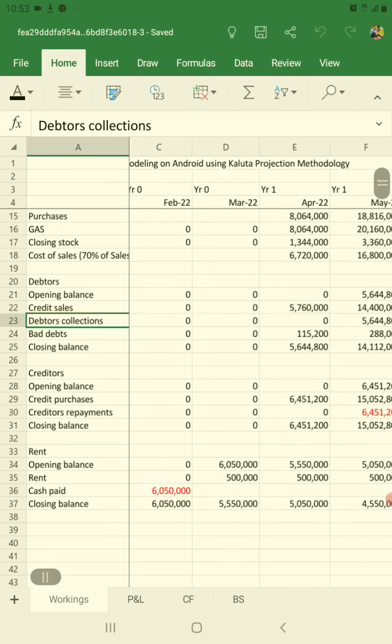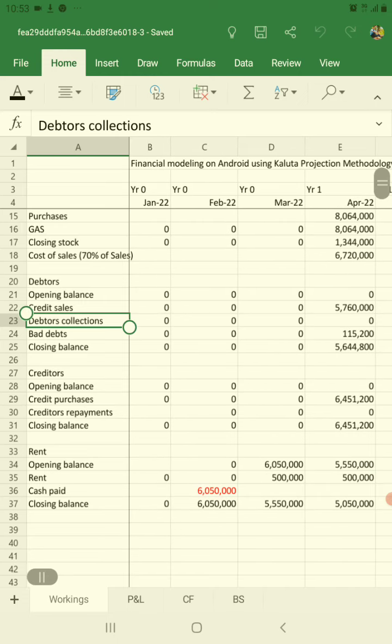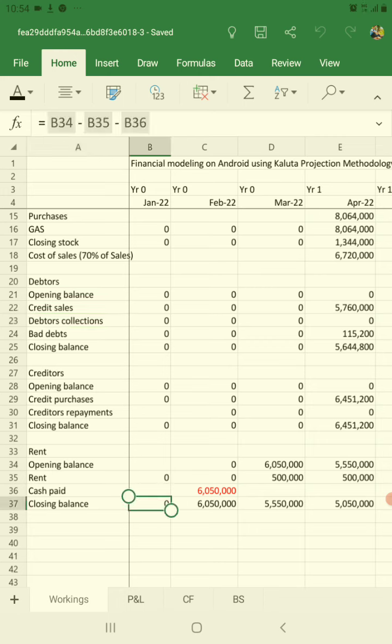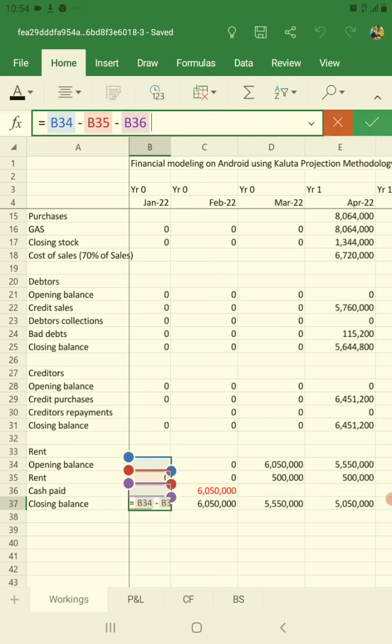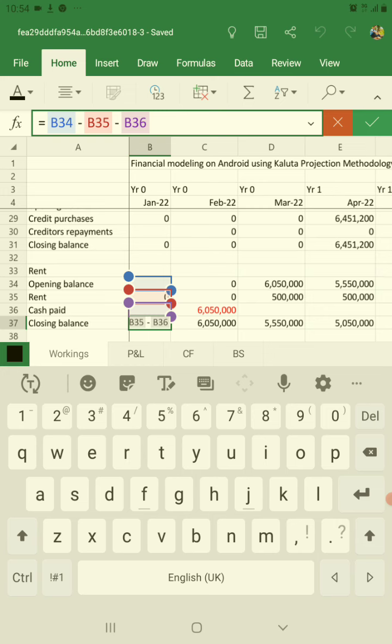Let me recap on the rent part because I think I need to explain more. As I said, the formula for deriving closing balance on rental here is, if I click on the formula bar at the end so that to see what it has picked.